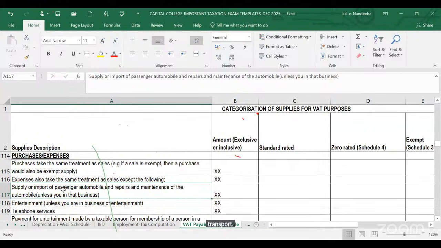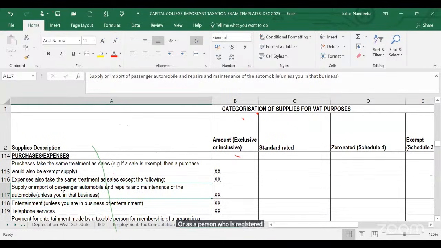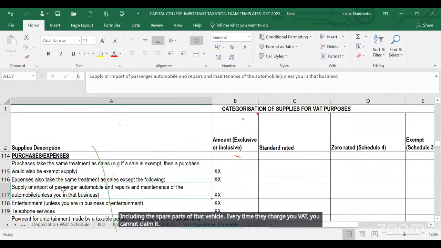It can be a bus, a minibus, a staff van, our private vehicles, the Land Cruisers, the Mercedes Benzes, the Harriers, the Golfs. Once you buy that vehicle as a company or as a person who is registered for VAT, and they charge you VAT, including the repair of that vehicle, including the spare parts of that vehicle, every time they charge you VAT, you cannot claim it.